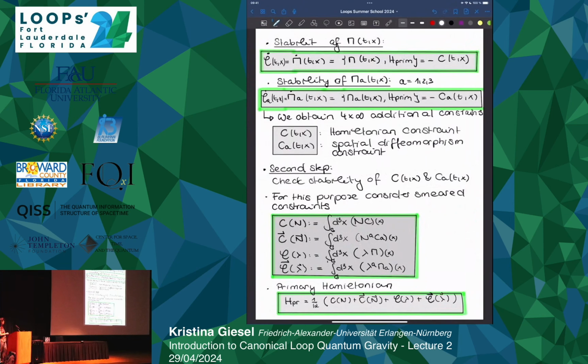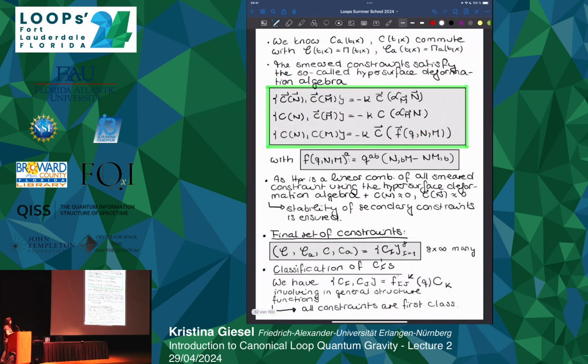If we now analyze the stability of C of n and C vector of n, then we know they will trivially commute with the primary constraints because these are just momenta, and different momenta in phase space commute among each other. So the only contribution in the stability analysis comes from the Hamiltonian and diffeomorphism constraint.